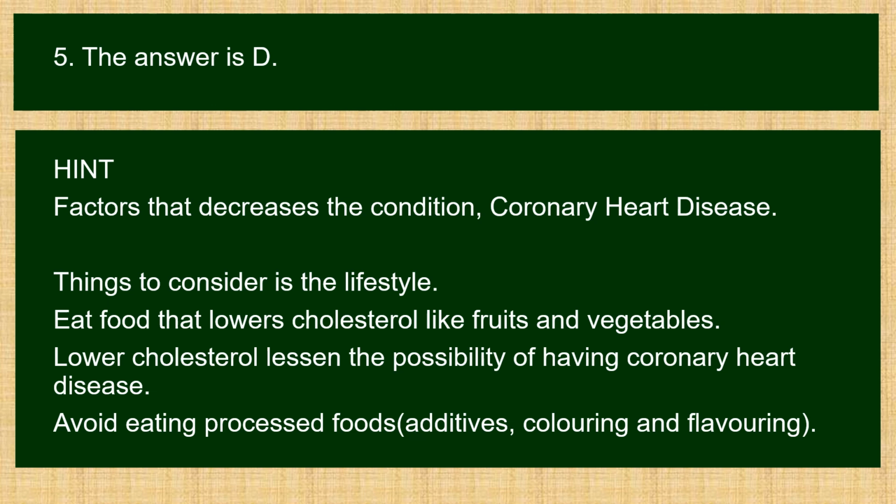Lower cholesterol lessen the possibility of having coronary heart disease. Thus, this person must avoid eating processed foods. So, these processed foods contains additives, coloring, and flavoring. The best answer in this question is letter D.